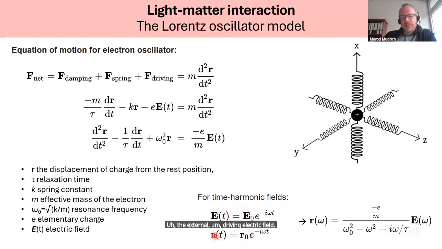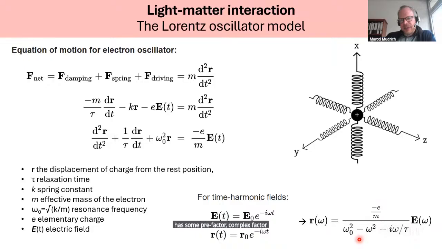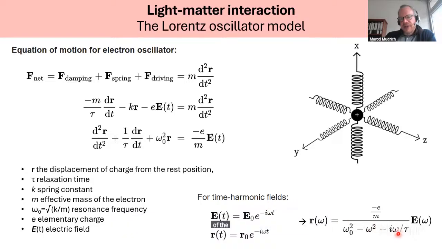So if we substitute these two terms into the equation for E and R, take the derivatives, then we end up with this term here. So the elongation R has some complex prefactor that depends on both the eigenfrequency of the oscillator and the frequency of the driving electric field, times the amplitude of the electric field.